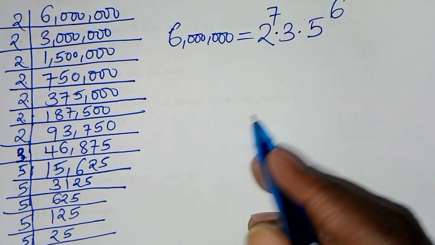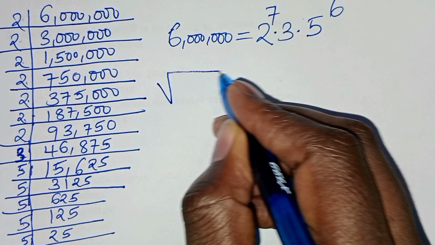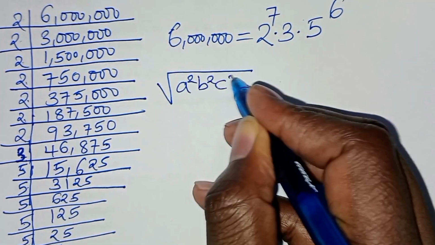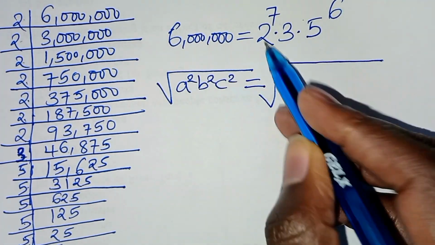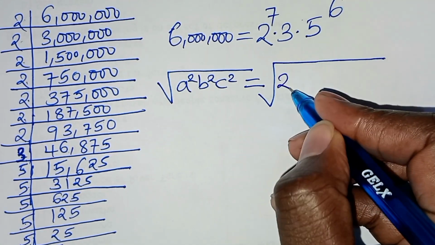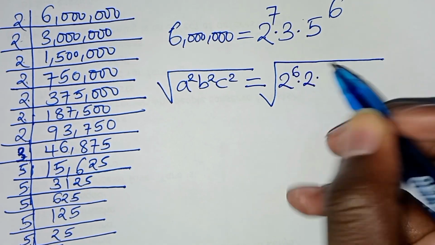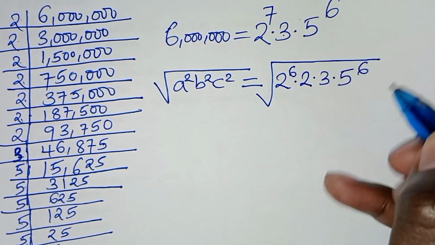Okay, so that means the square root of a squared b squared c squared is equal to the square root of, now we can express 2 to power 7 as 2 to power 6, multiplying by 2, multiplying by 3, multiplying by 5 to power 6.